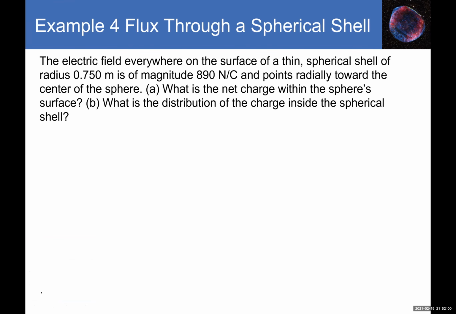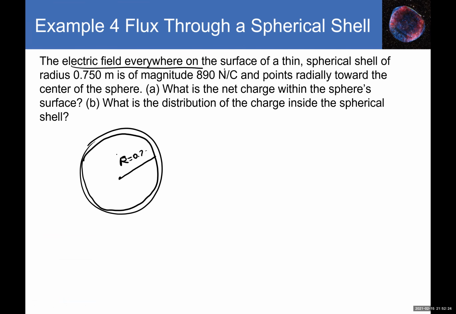All right, so what we're given here is a spherical shell of radius 0.75 meter, something like this, and there's an electric field of magnitude 890 newtons per coulomb everywhere on the surface, pointing radially toward the center.